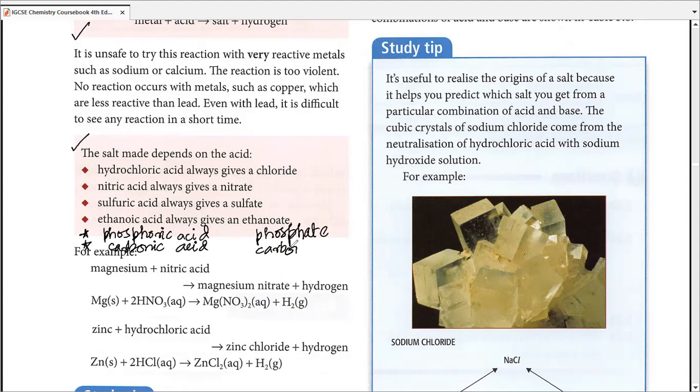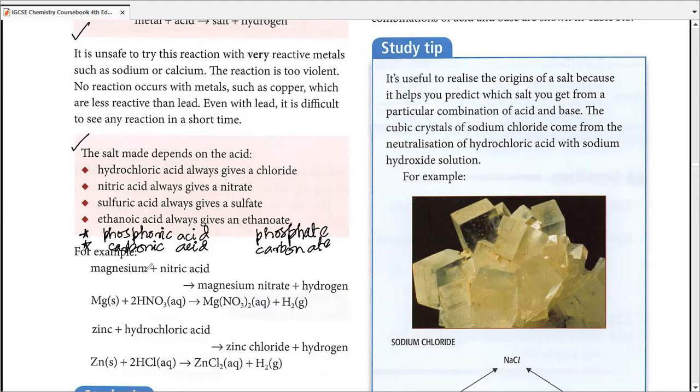So if you name the acid, in a similar way you would know which salt it's going to give. For example, methanoic acid gives a methanoate salt, and the list goes on. So these are pretty much the acids and salts that we study in our IGCSE syllabus. It gives us a very good idea what kind of salt we're going to form depending upon what kind of acid we started off with in the reaction.